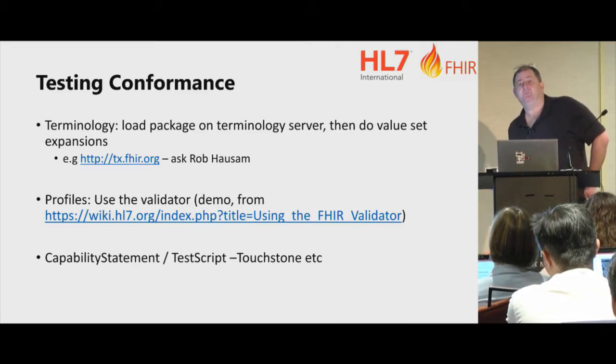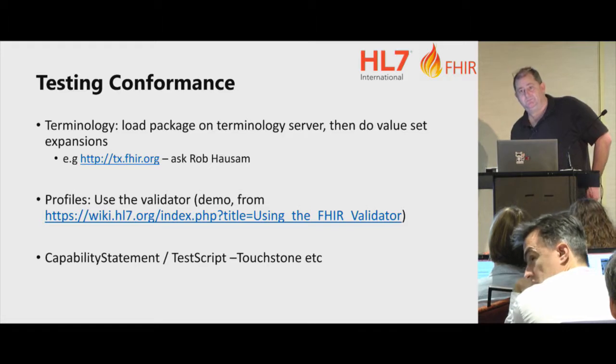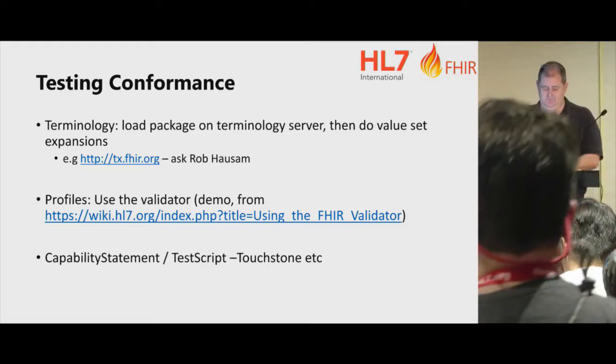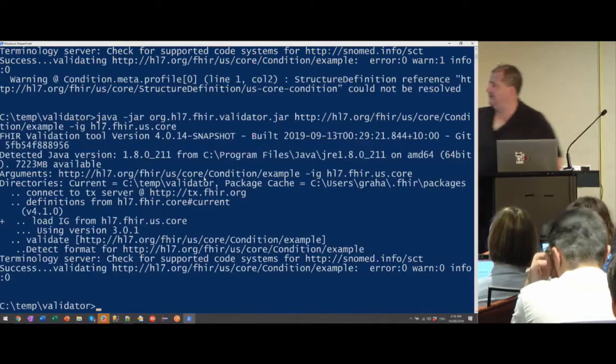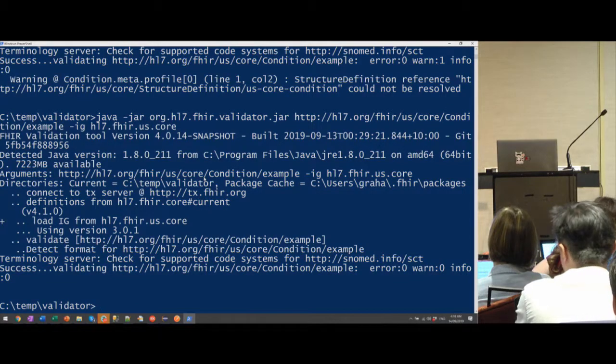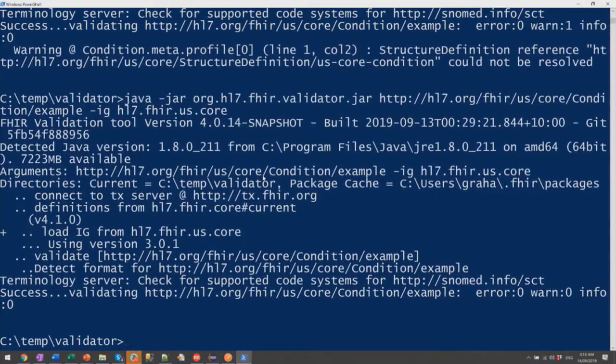Yeah. So you actually just validated the profile itself, not an example of how to use the profile? So here, I asked the validator to validate this example condition, and to have the US Core IG in memory when it did that, in scope. So I validated the condition example.